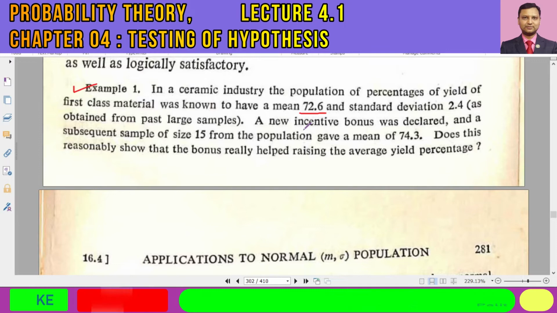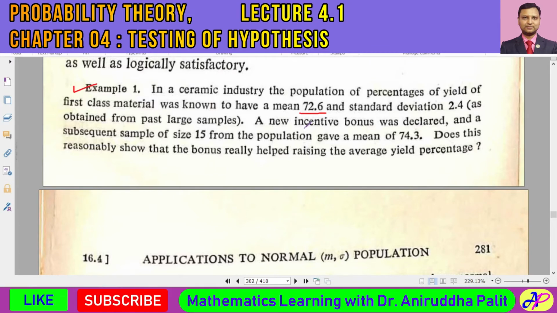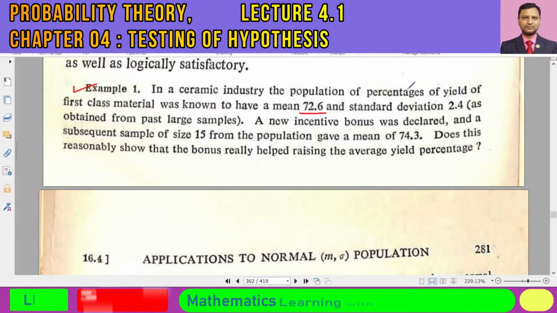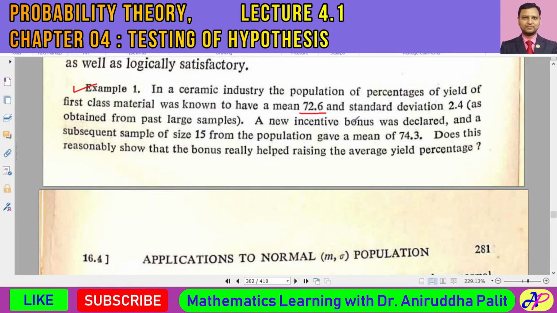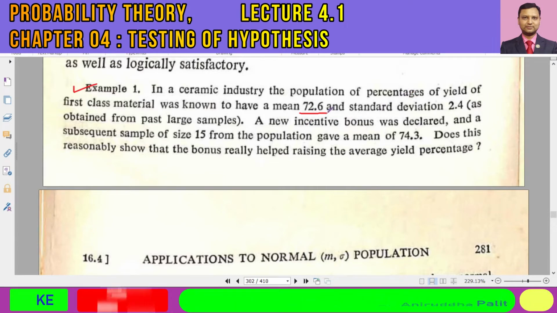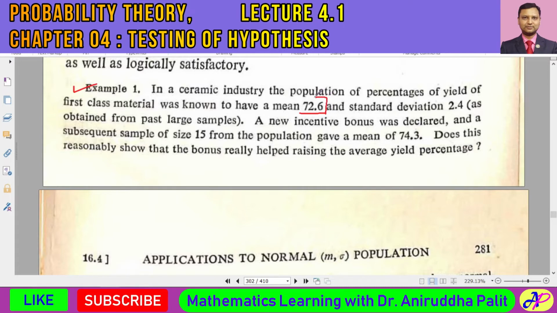Maybe it is a process of 50 years long, or maybe the industry is about 200 years long.